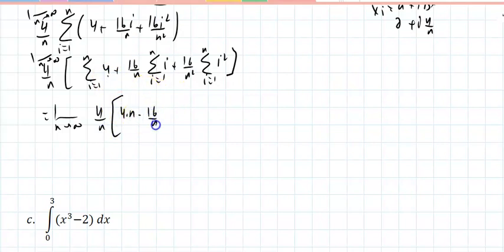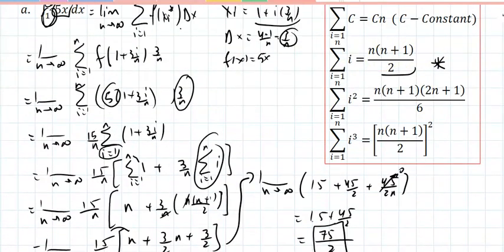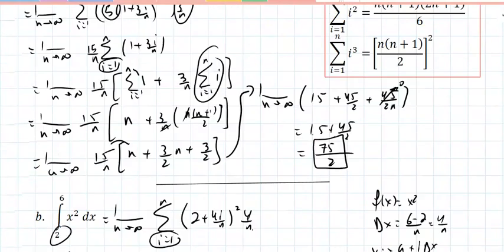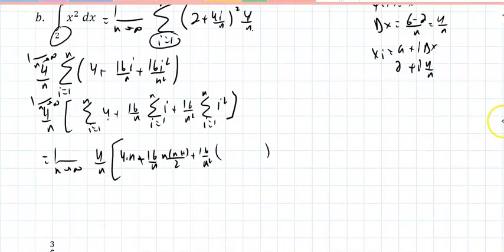This is 16 over n times i, we have it as n times n plus 1 over 2 plus 16 over n squared times the series of i squared. And the series of i squared is n plus 1, 2n plus 1, all over 6.